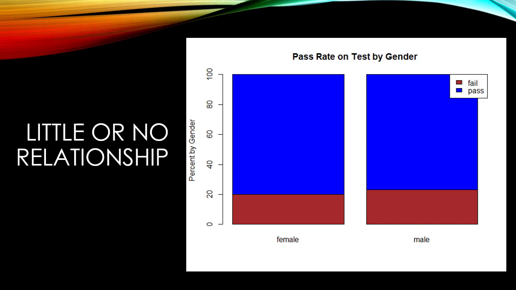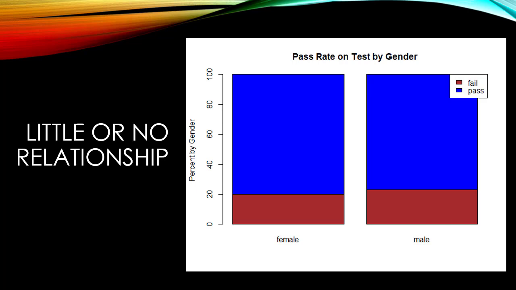There is no relationship of any importance, so I'm not going to discuss a relationship among gender and pass rate. Also notice that no relationship does not mean that the pass rate equals the fail rate. We can have small or large pass rates and still have no relationship of gender and pass rate. The important point is that the pass rate must be consistent for males and females for there to be no relationship.